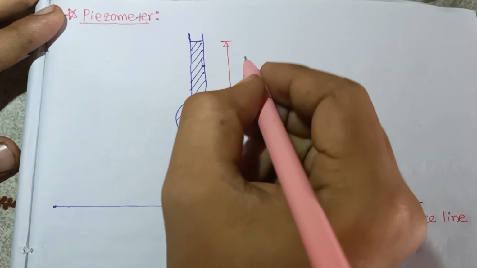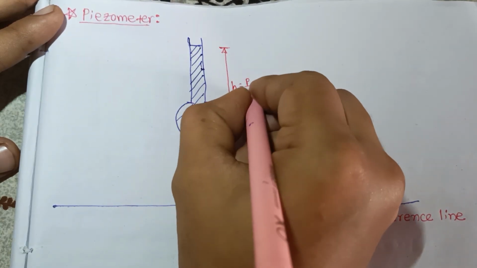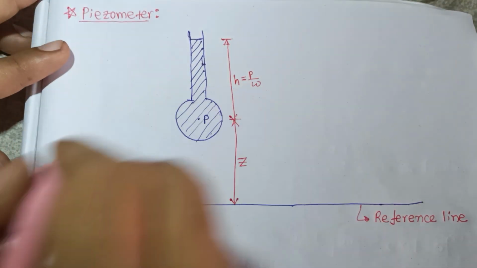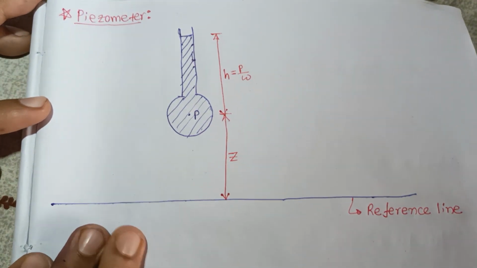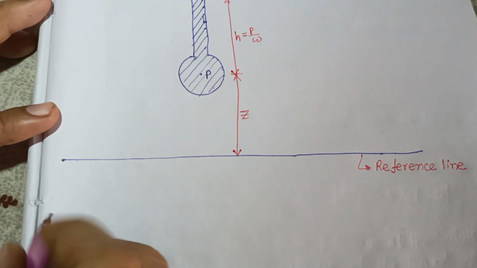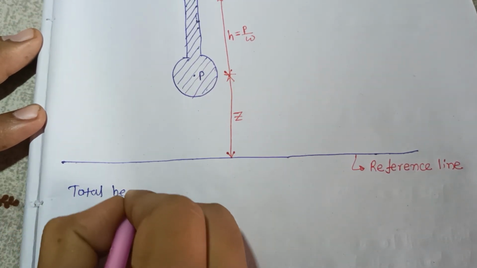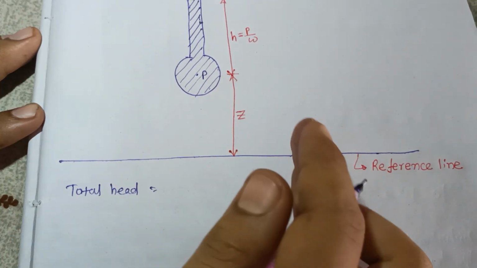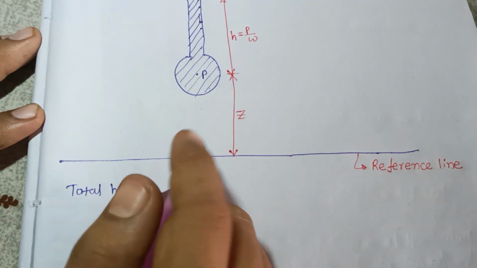And here, this is known as h, that is equal to p by omega. So if you want to calculate the total height, that is equal to p by rho g plus z plus v square by 2g.